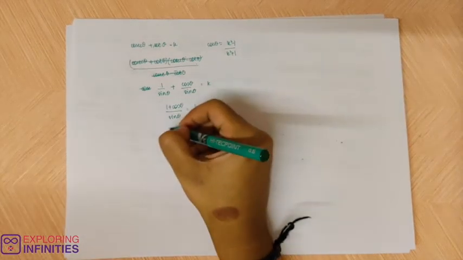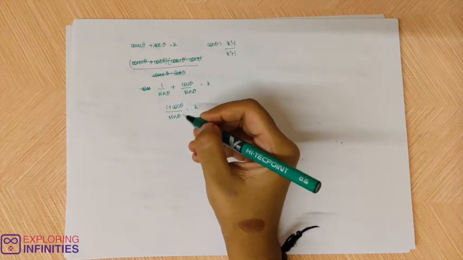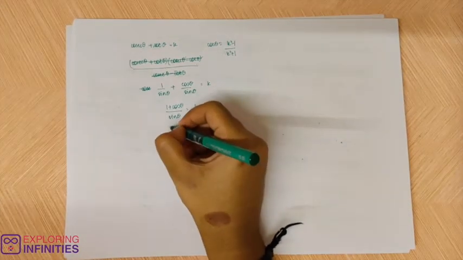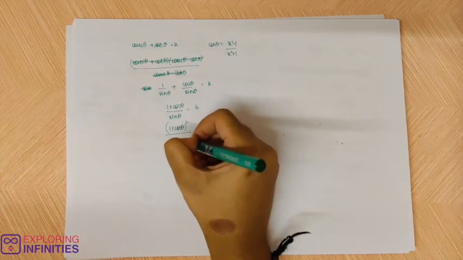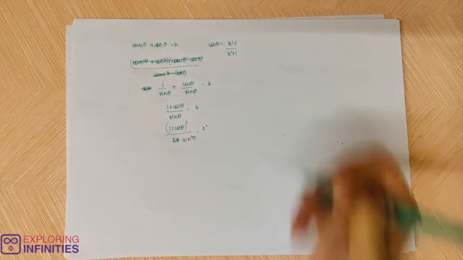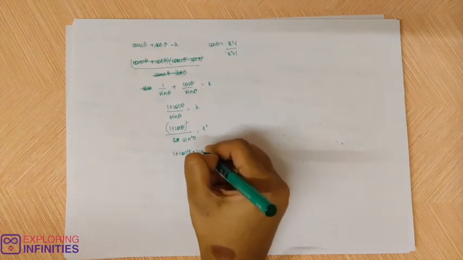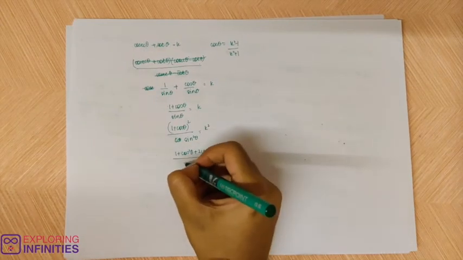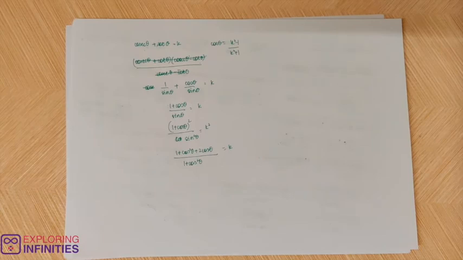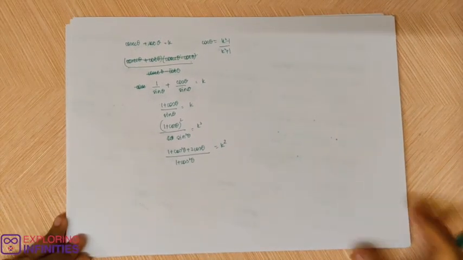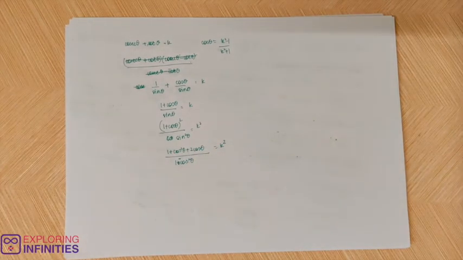So let's square this. What should we do? We'll just square this. So that will be 1 plus cos theta whole square by sin square theta. So that is k square, right? So that is 1 plus cos square theta plus 2 cos theta by 1 minus cos square theta, since sin square theta is 1 minus cos square theta.